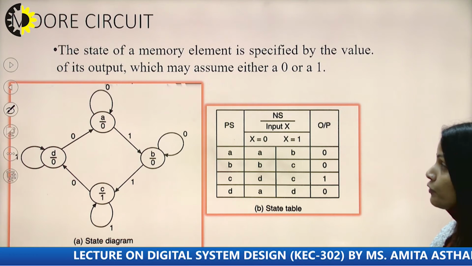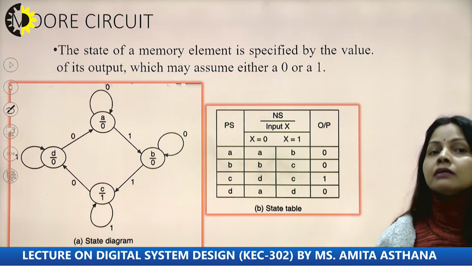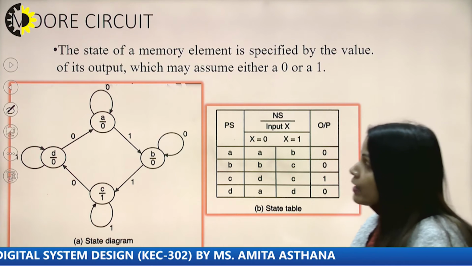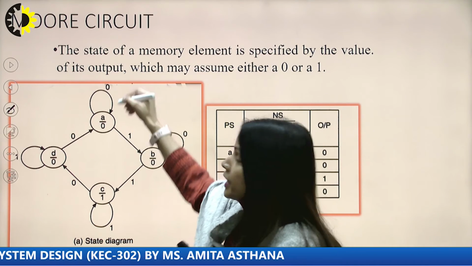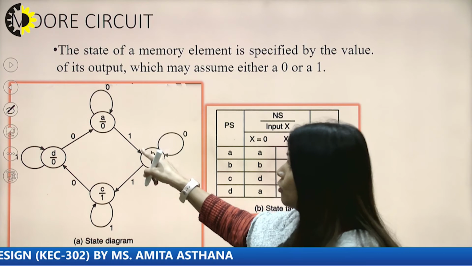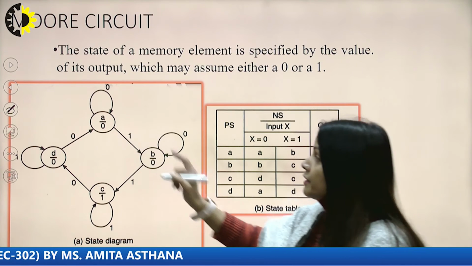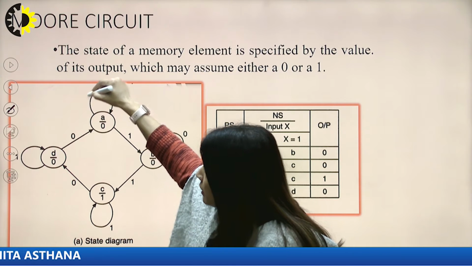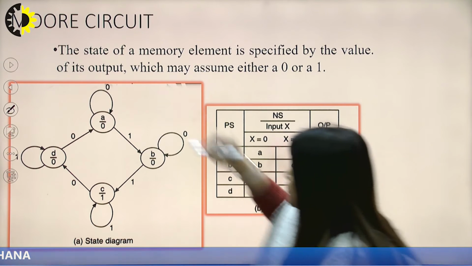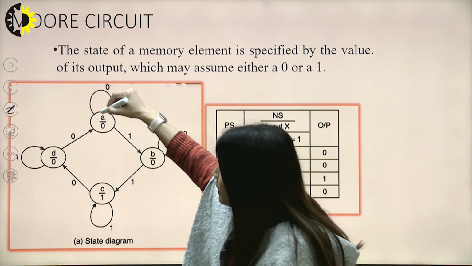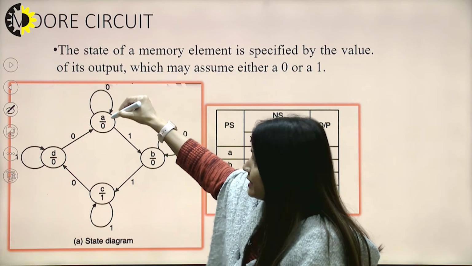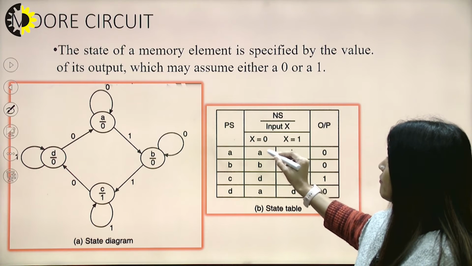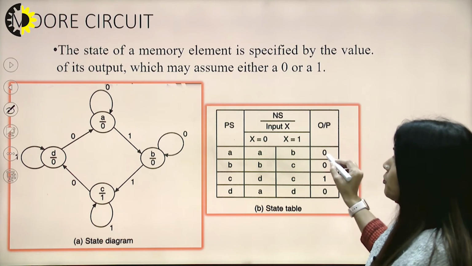In this Moore circuit, there is a little difference in the representation: whereas we were representing input and output on the arrow, here we will represent either input or output. So let us assume A remains in its own state when input is 0 and output is 0.